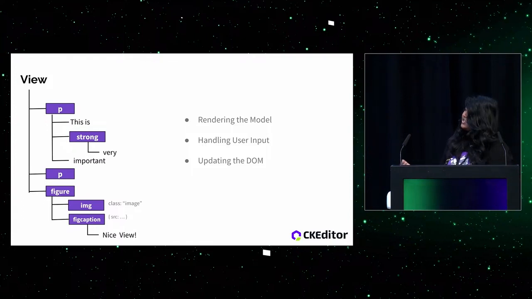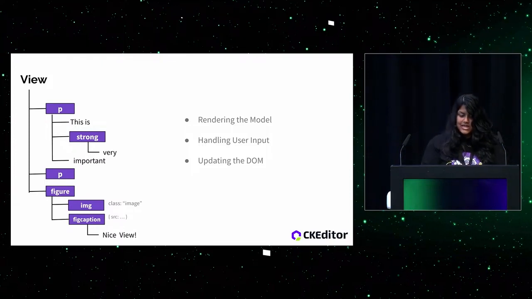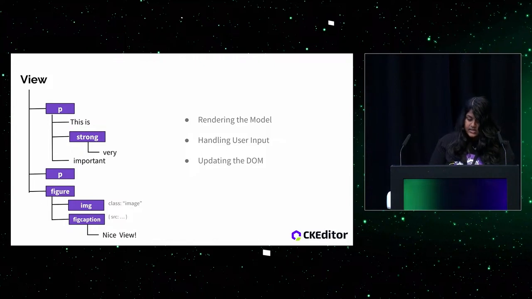It is really designed to be extensible, and it allows developers to introduce new features, custom elements, and even specialized handling of specific types of content. So that's the view layer. And it really helps support a wide range of features in CKEditor 5 that is not only offered out of the box, but it also provides a great foundation to build plugins on.